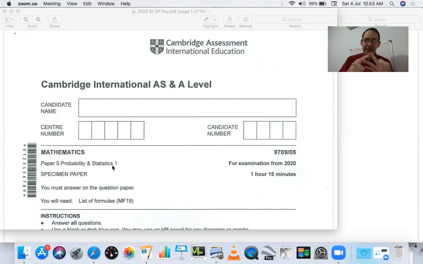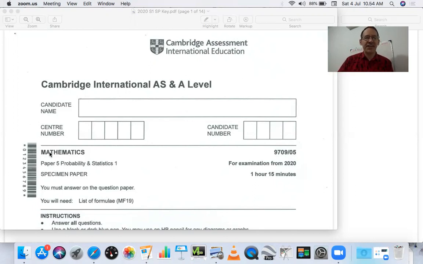Pure Maths 3 is the full second book, or the second half of the second book. And then you have mechanics, and now it's just paper 4 mechanics, not mechanics 1 or 2. And so that moves the probability and statistics 1 to paper 5. And then if you were to do probability and statistics 2, that would be paper 6.